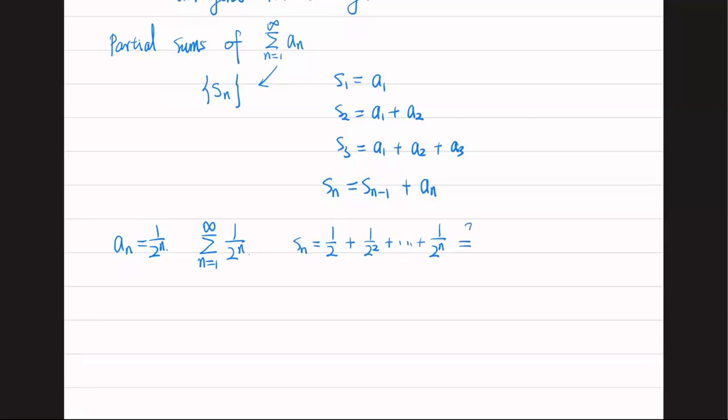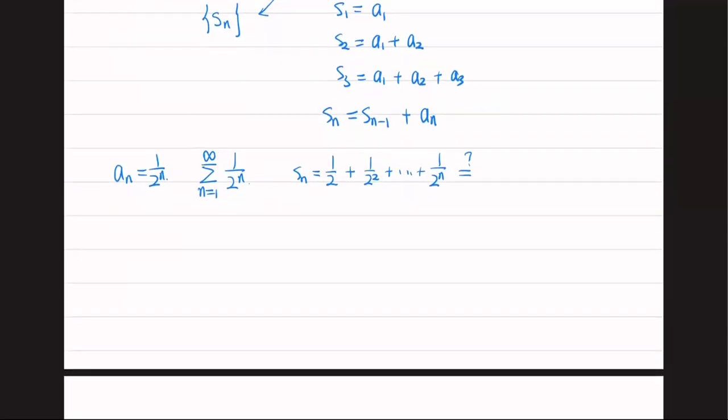How to find this number? Okay, you also saw the formula, right? So there is a formula.